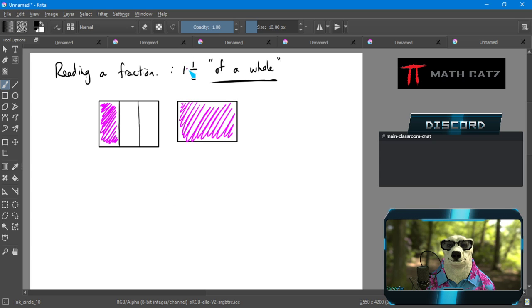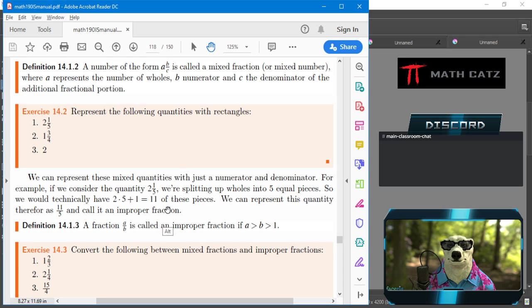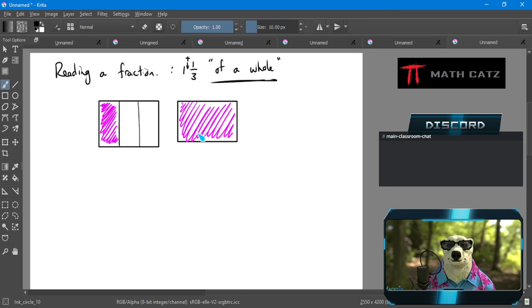Now, really, there's a little plus in here. It's one whole rectangle with a third of a rectangle together, separately but together. Then we have the concept of an improper fraction. And again, we're aiming to look at these intuitively. If I split my whole rectangle into thirds as well, then how many thirds do I have?